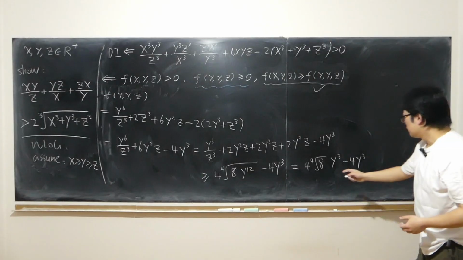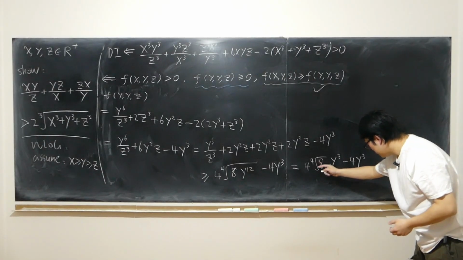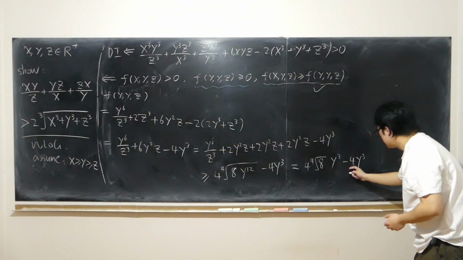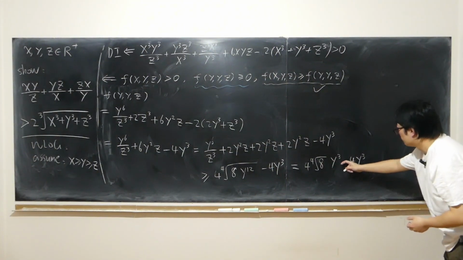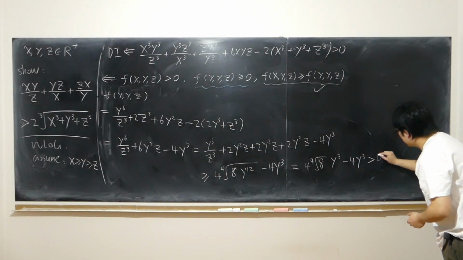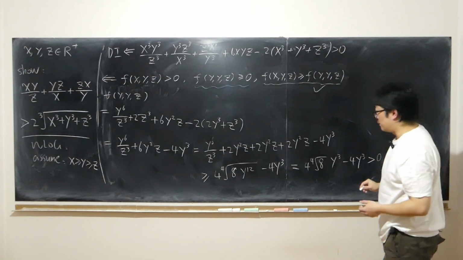Of course, the fourth root of 8 is already greater than 1, so 4 times that minus 4 is greater than 0. So y cubed, common factor, of course, greater than 0, strictly greater than 0.